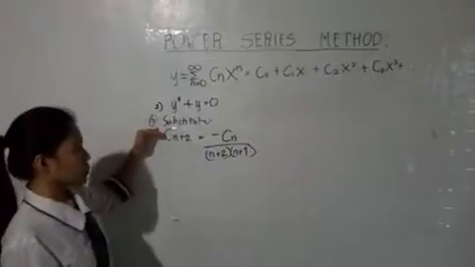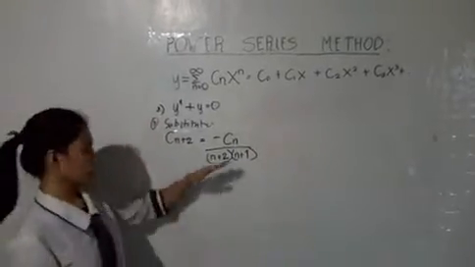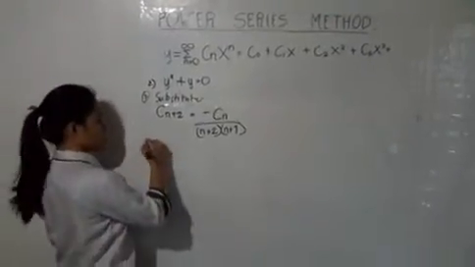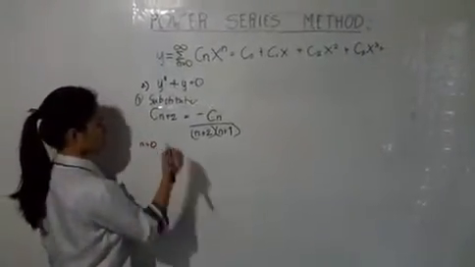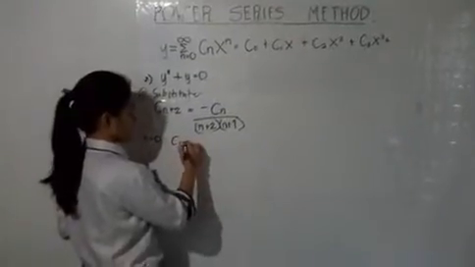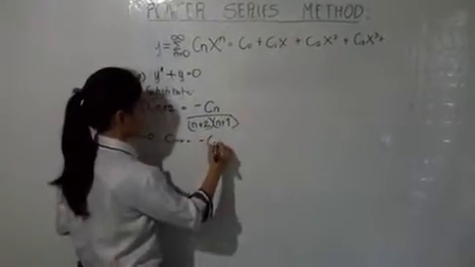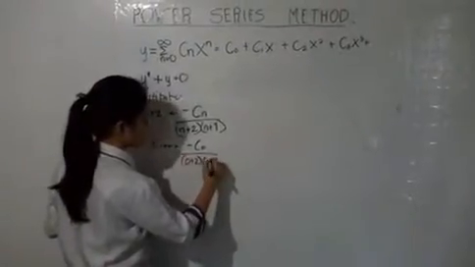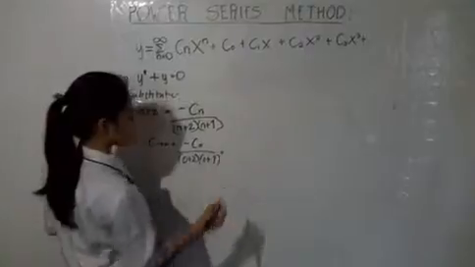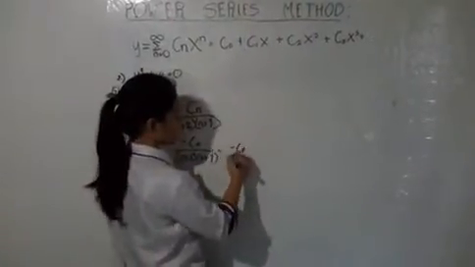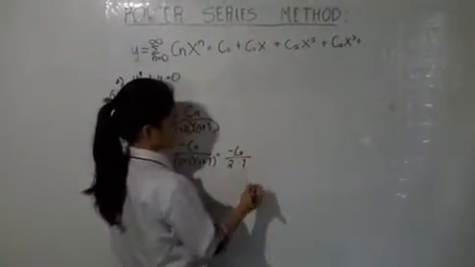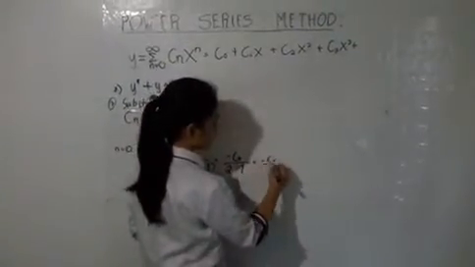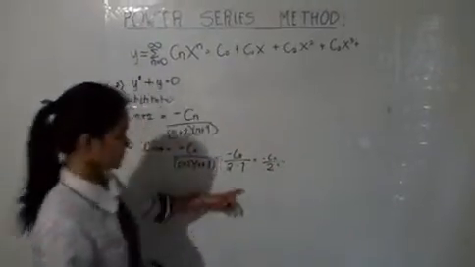Now, our third step, we have to substitute and make up for the values of our recurrence relation. So, if n is equal to 0, c sub 0 plus 2 is equal to negative c sub 0 over 0 plus 2, 0 plus 1. It will be negative c0 over 2 times 1. It can also be equal to negative c0 over 2 factorial.